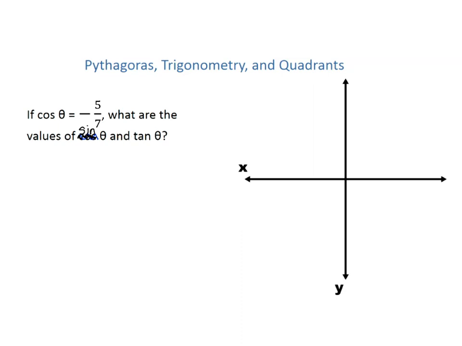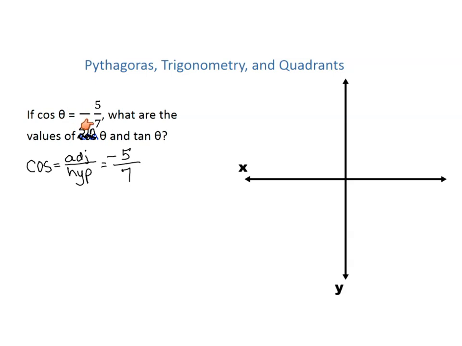Cosine, we know, is the ratio of the adjacent side to our angle theta over the hypotenuse of the triangle. So in this case, the adjacent side, we're going to say, is negative 5. And whenever you have a negative in front of a fraction and it's assigned a trig ratio, you're always going to put that negative with the top number.